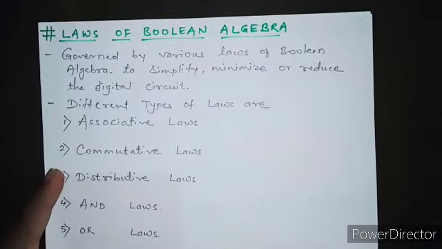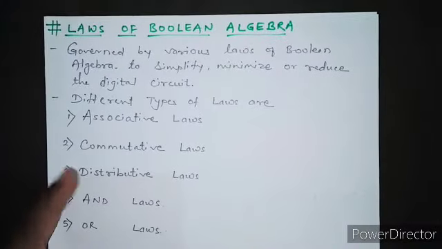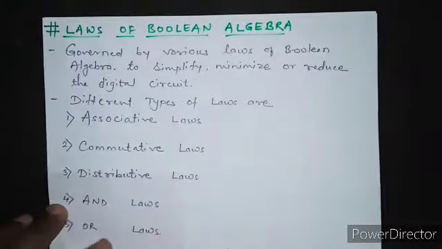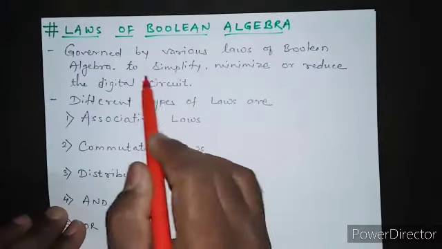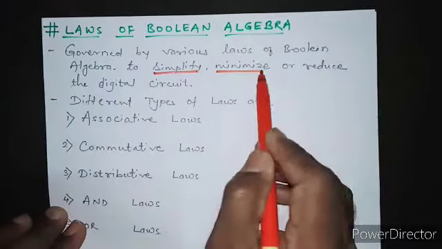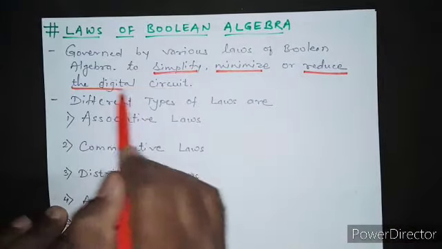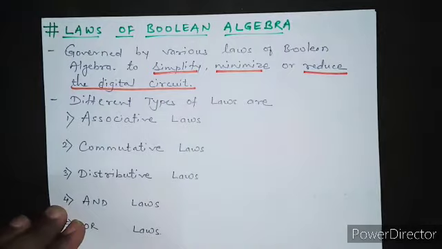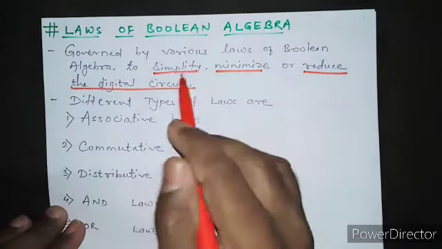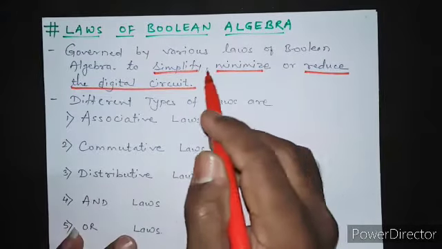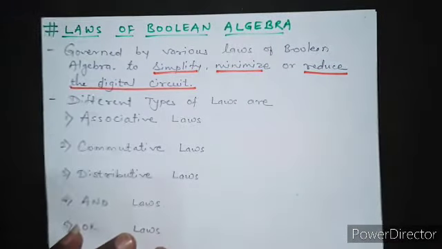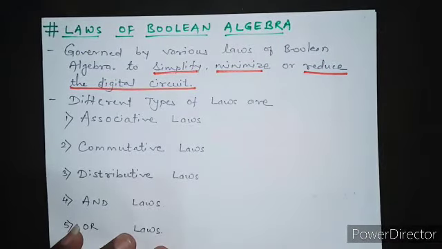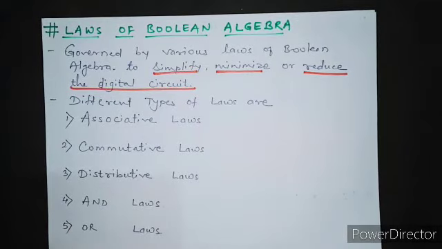They are governed by various laws of Boolean algebra to simplify, minimize or reduce the digital circuit. So in the exam you may have this question: simplify the given equation, or minimize the given equation using basic gates, or reduce the following equation.